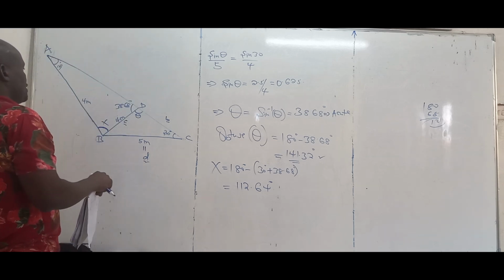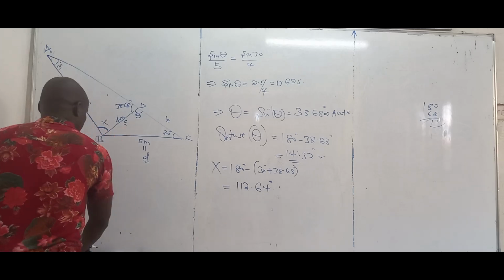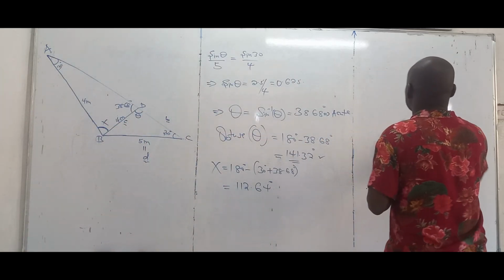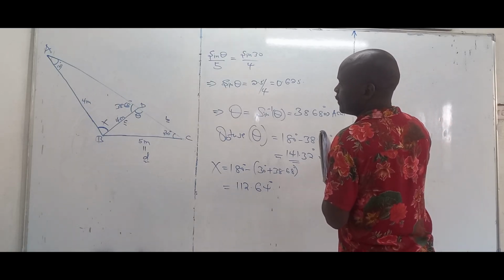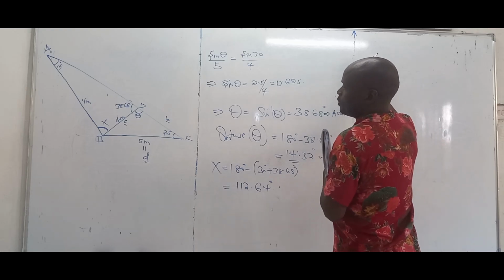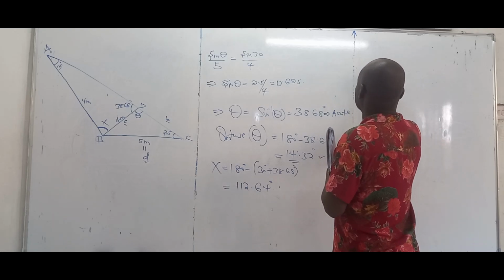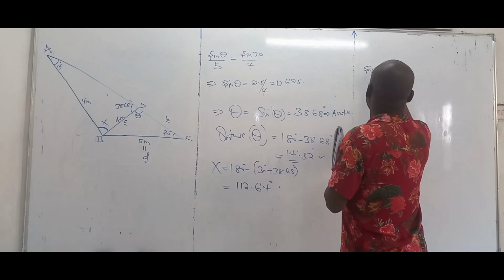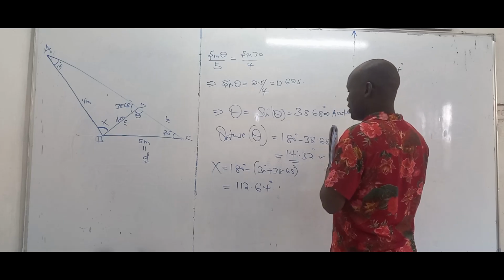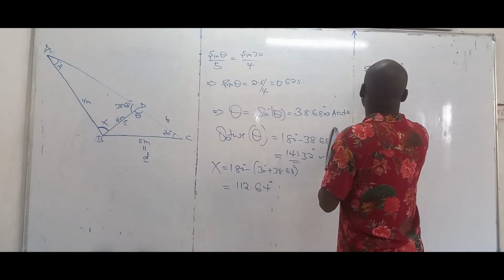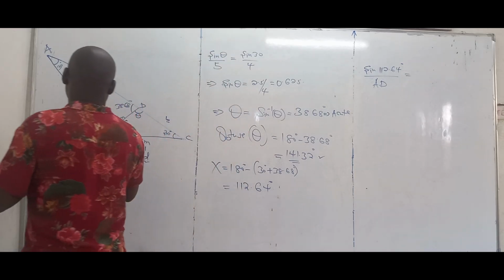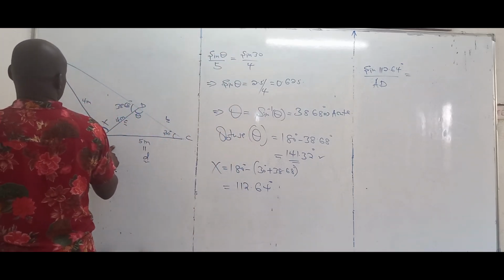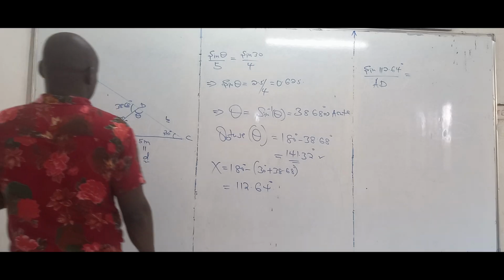We are able to specify AD by saying we have sin of this, 112.64 degrees, all over AD should be equal to this sin over this.